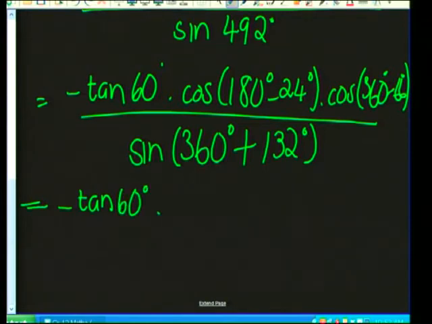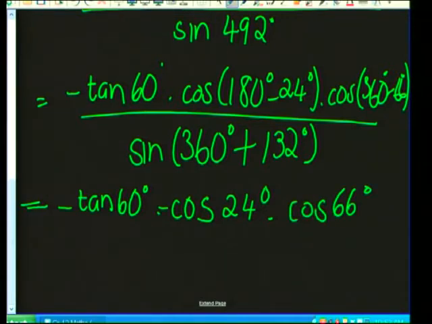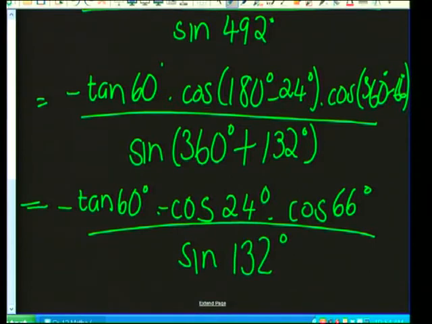This one, cos is negative in this quadrant, so it will become minus cos 24 degrees. This one, cos is positive in this quadrant, so that remains cos 60 degrees. That one there, sine is always positive, because this is actually the first quadrant, and everything is positive in the first quadrant. So that's sine 132 degrees.